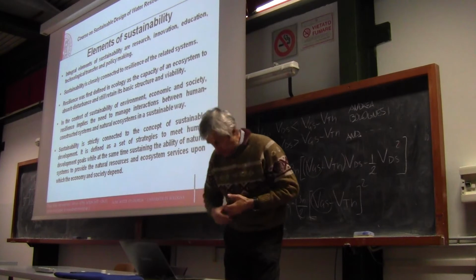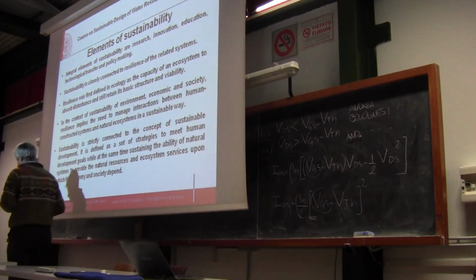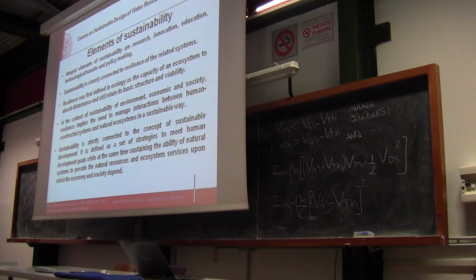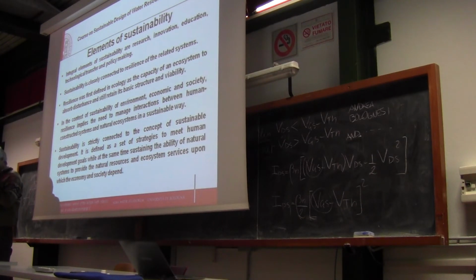Okay, so, what do we need to make sure that we achieve sustainability? Keep in mind that this is not a trivial question because we need to find a technical way to put sustainability into practice. So let's start by asking ourselves what is needed.